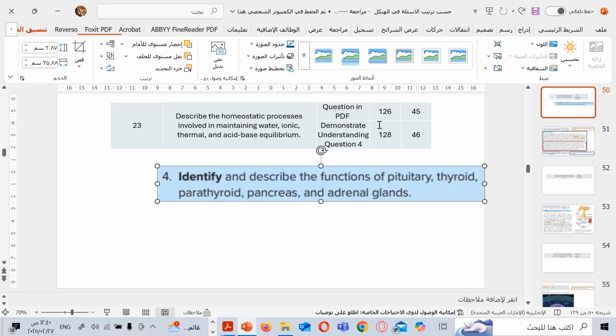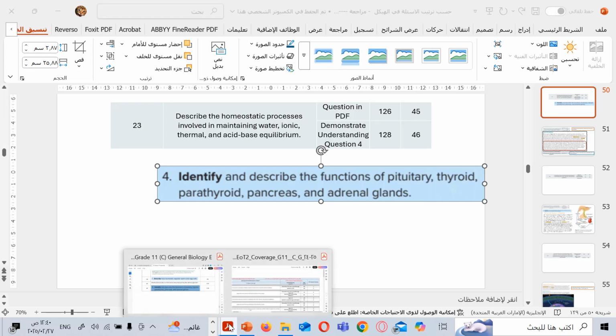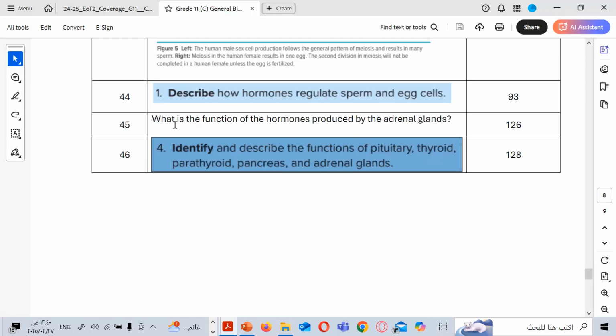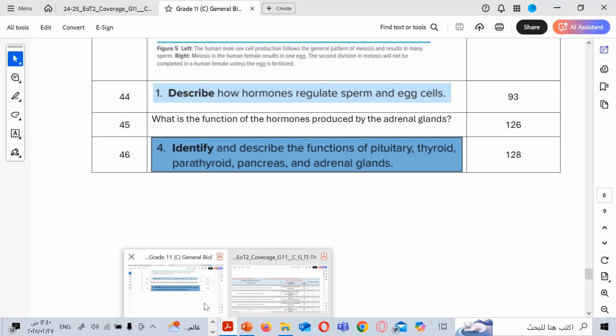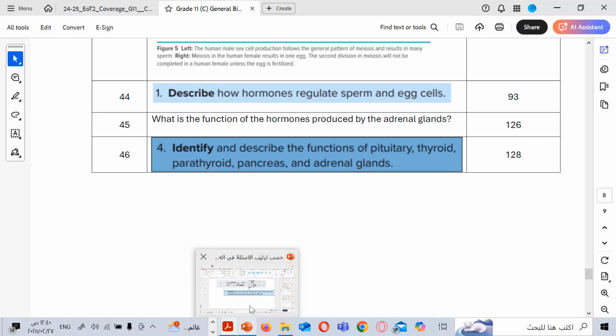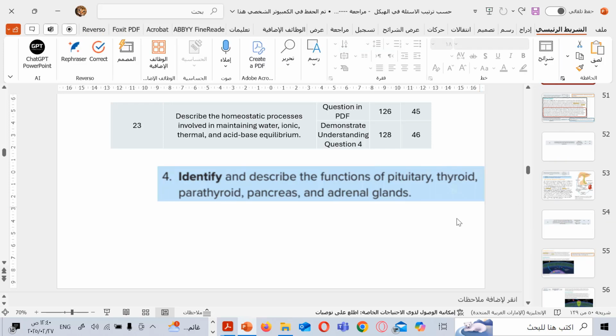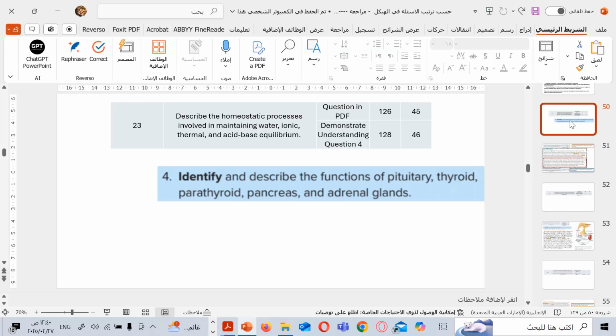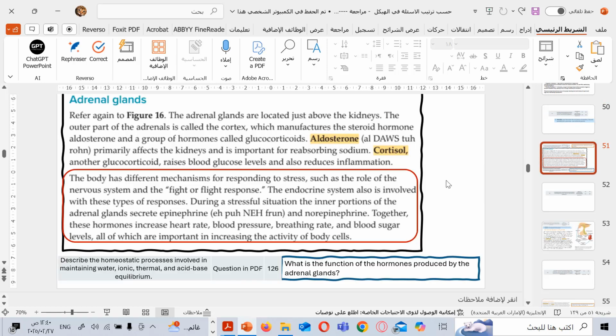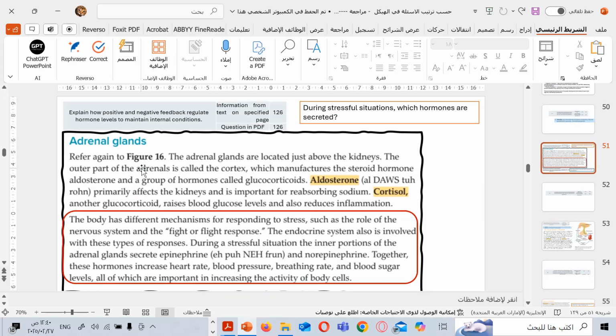If you see, this question is 45 here: what is the function of the hormone produced by the adrenal gland? Where is this one? 51, yes.